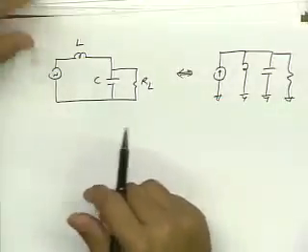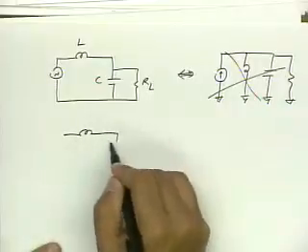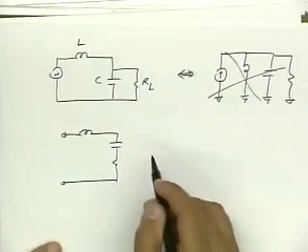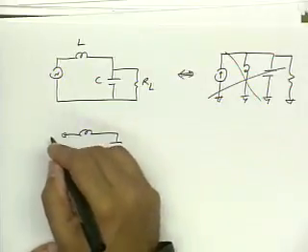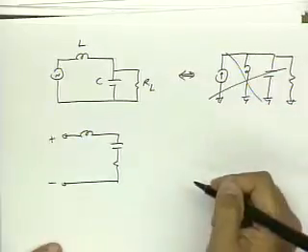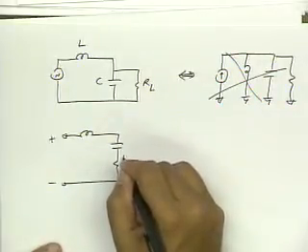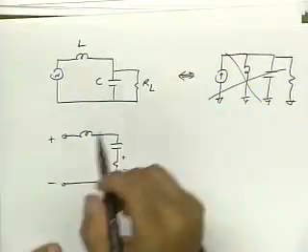So the idea is, if I transform this into a series circuit to understand what's happening, then whatever voltage I apply here at resonance gets applied here. That's not what I want.